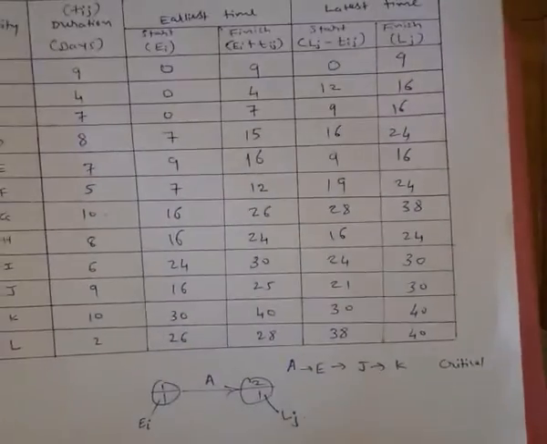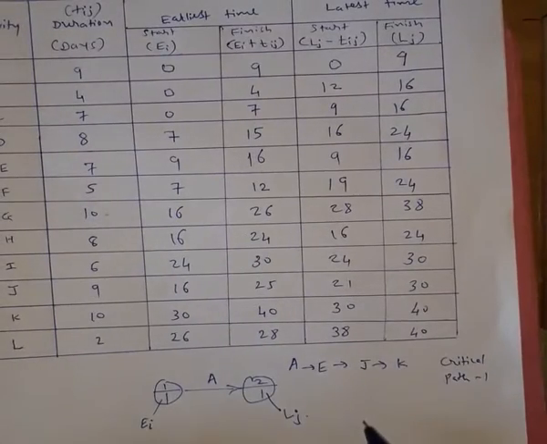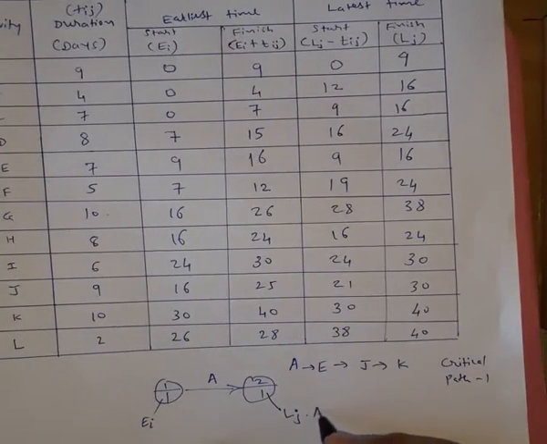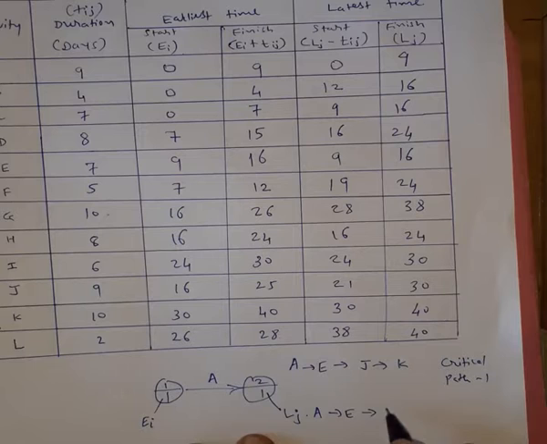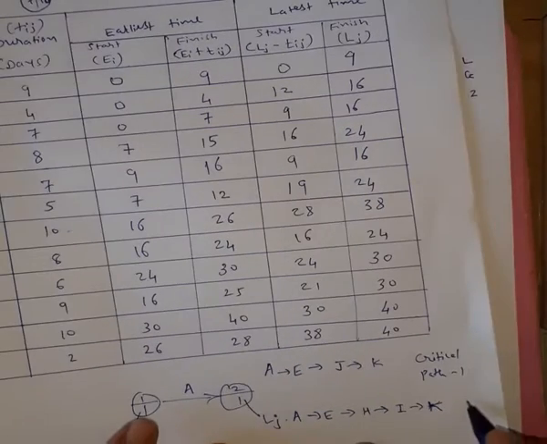And the second path is A to E, E to H, H to I, and I to K. These are the 2 paths that we have got. This is path 2.